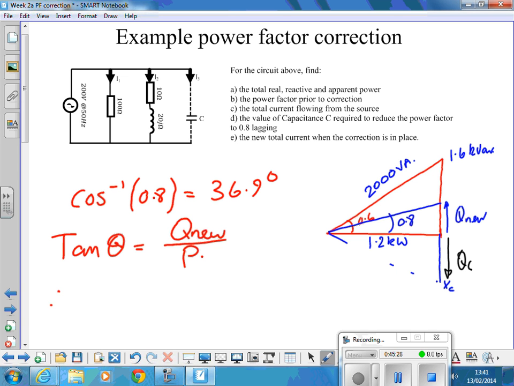Therefore, Q new is tan 36.9 times 1,200.